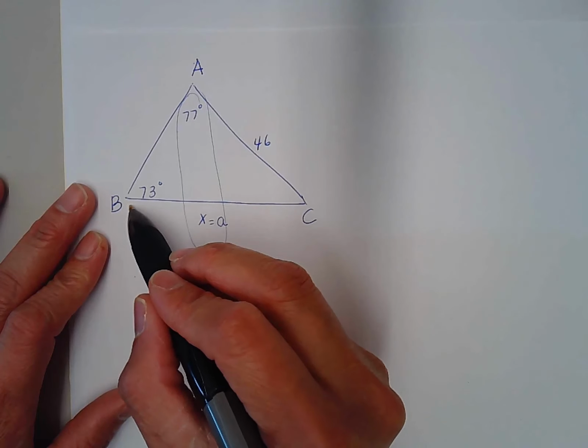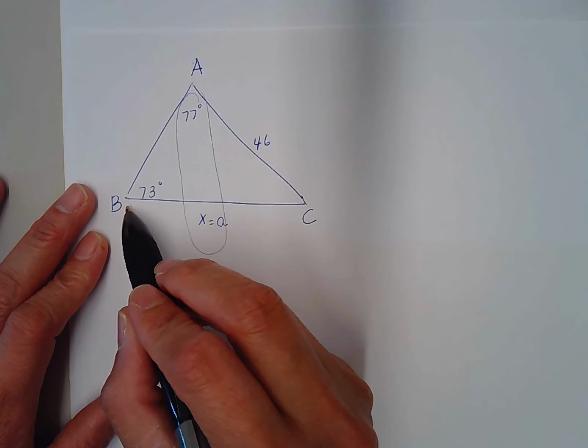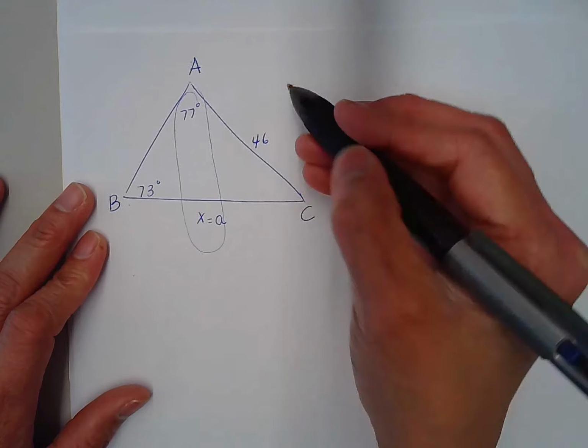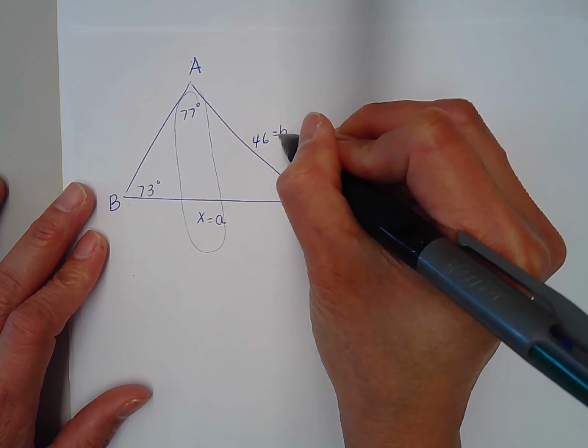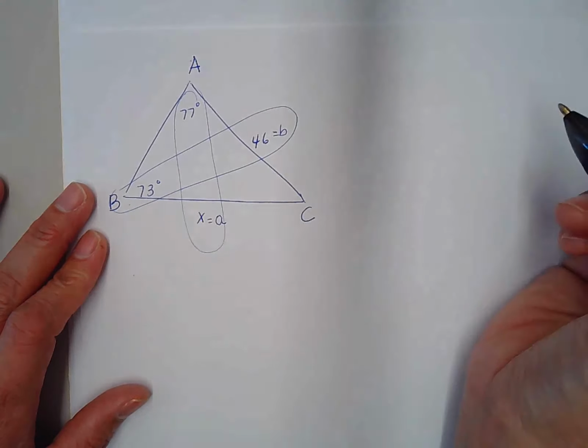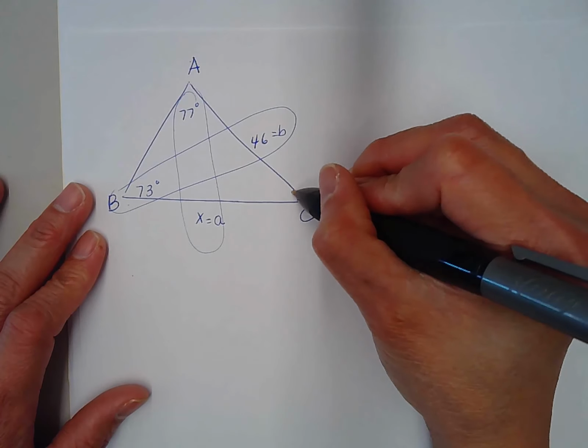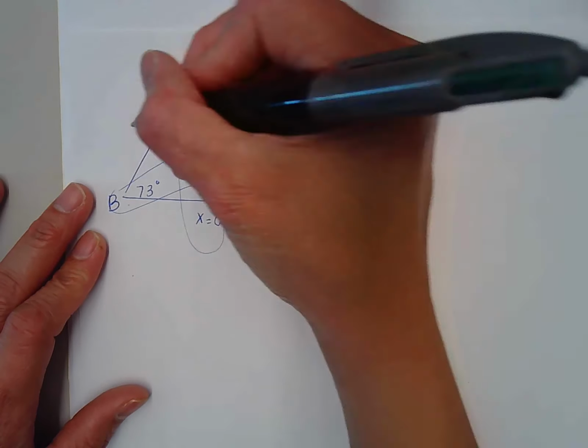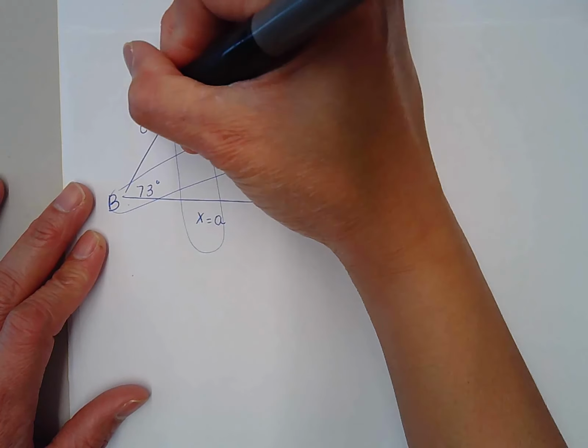If this is my angle B, then right across from it, opposite from it, is side B. Now this is my angle C, and this is my side C.